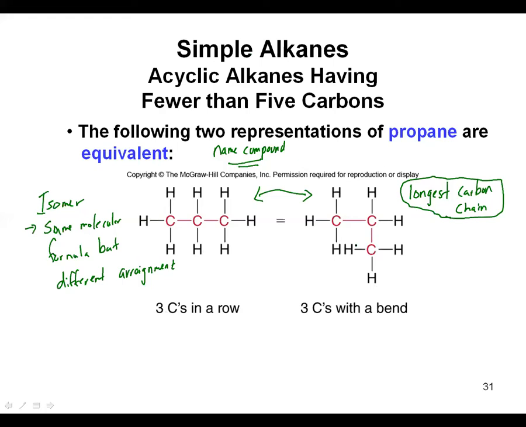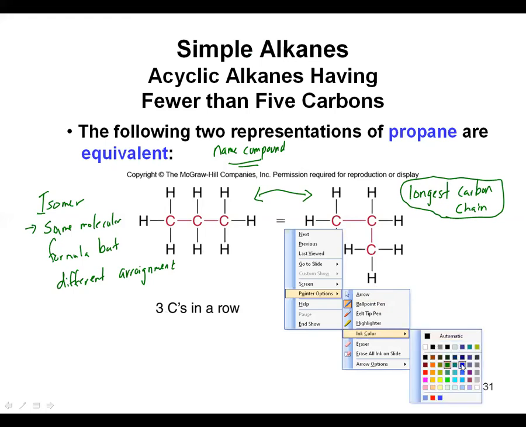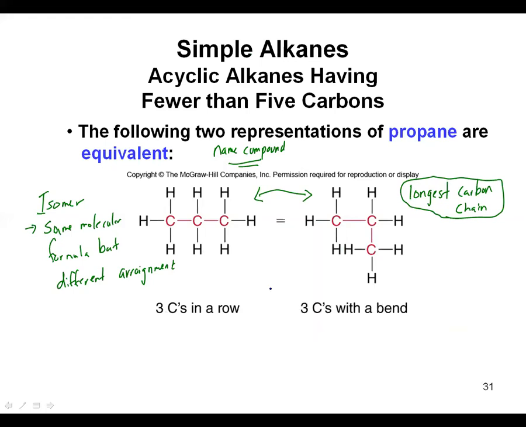So we would try to count the longest continuous chain here. When we're counting, the rule is you can't go backwards. You got to start one way and end. So this would be 1, 2, and 3 carbons in a row. Everything else is hydrogens. So this is propane.